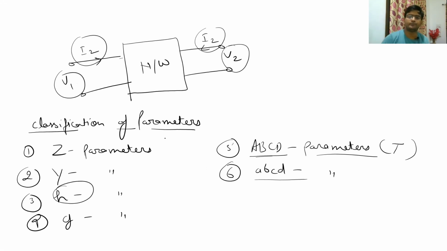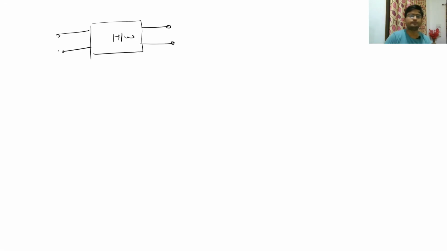Before that, we know that we have 4 variables. For any 2-port network, basically we have 2 ports. So we have these voltages V1 and V2, and then currents I1 and I2.